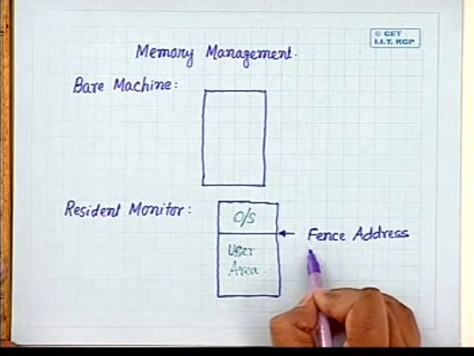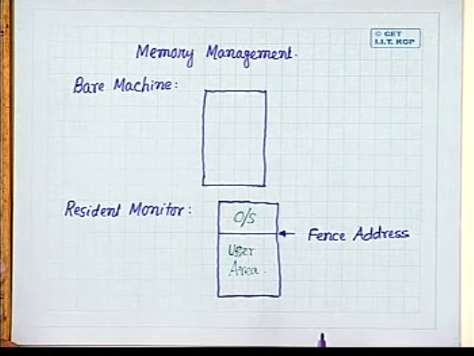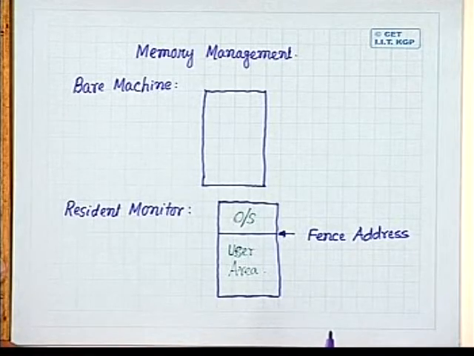Now the question is how to implement this fence address. There is one option that the fence check can be placed in hardware. Whenever the user tries to access any memory, the memory address has to be compared with the fence address, and there are two ways in which this comparison can be made.